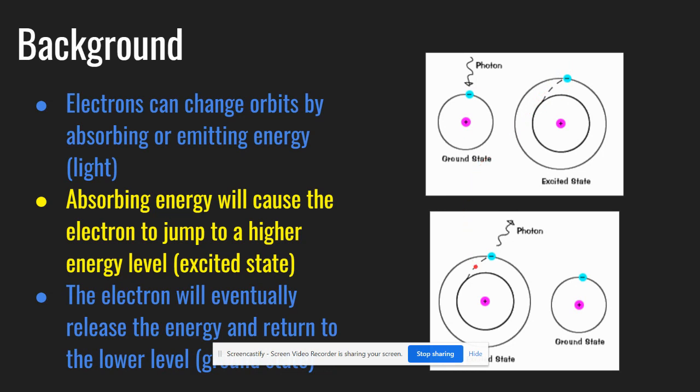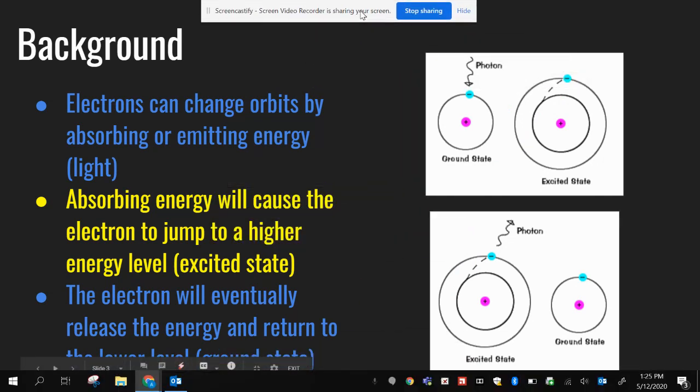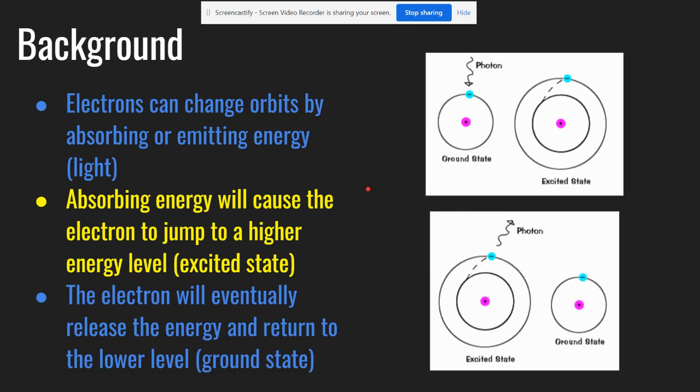We are going to absorb energy, sorry. Okay. So absorbing the energy causes it to jump to the higher state. Okay. And then it releases that photon and falls back to the ground state. We always want to be at the ground state.